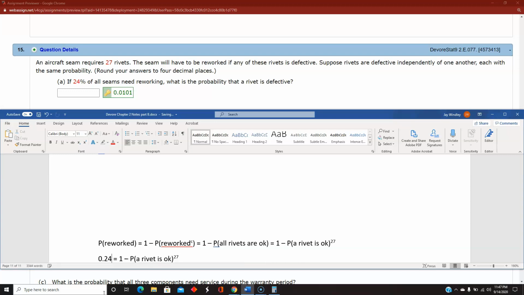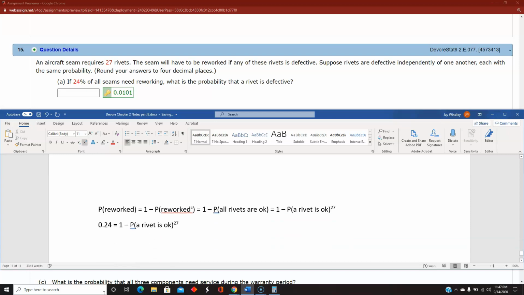And now if I just rearrange this equation a little bit, you're going to see the probability that a rivet is okay to the 27th power is going to equal 1 minus 0.24. And 1 minus 0.24 is 0.76.